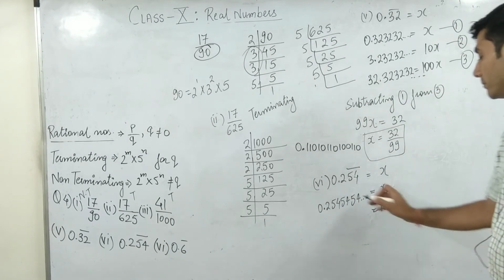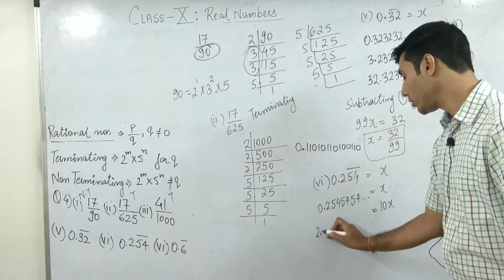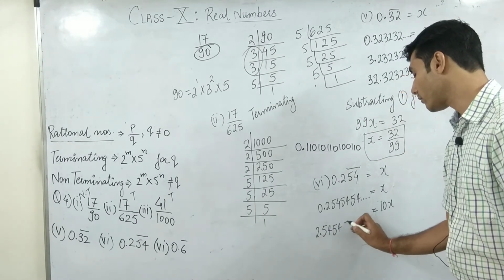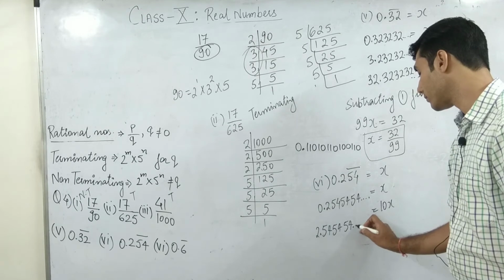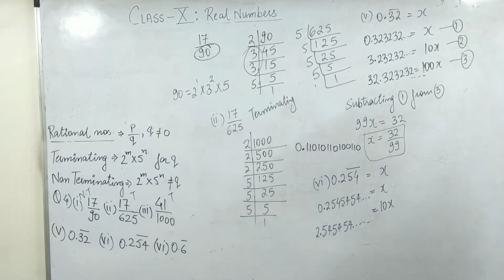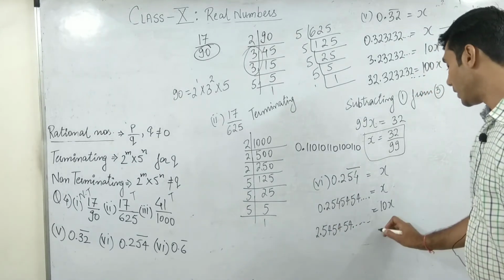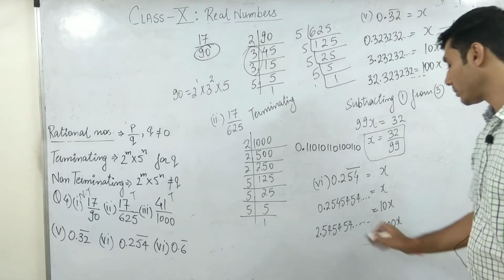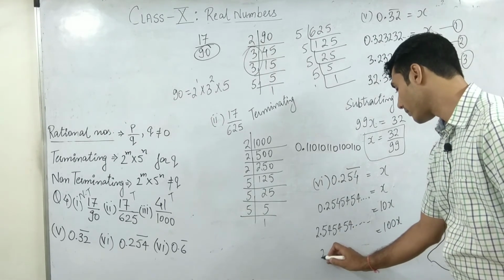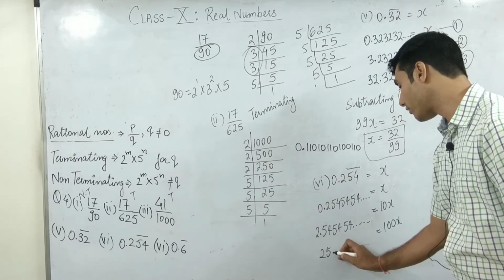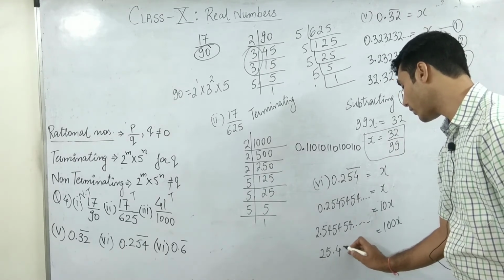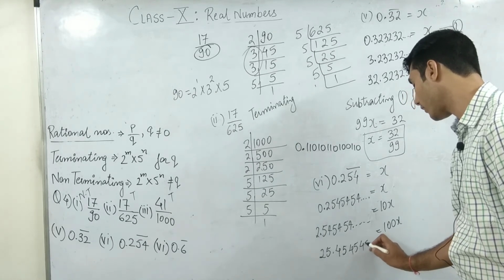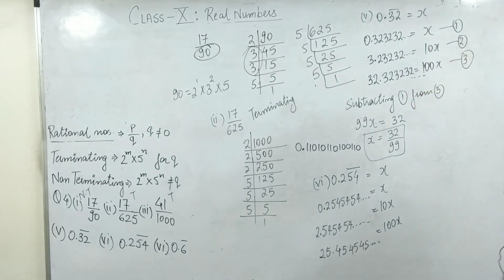So this will become 2.545454. Right? Let's do it again by 100 times. X करता हूँ तो this will become what? 25.454545 dot dot.